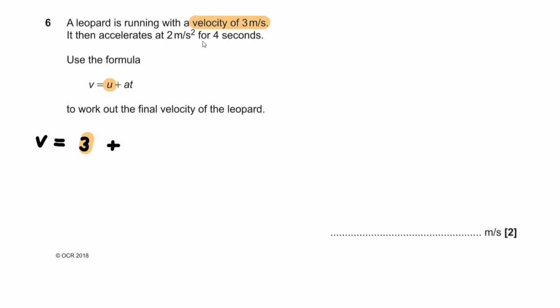Well, we know it accelerates 2 meters per second squared, so a is equal to 2, multiplied by t. So t is 4 seconds. So we multiply by 4. And if we work out what this is equal to, 3 plus 8 is 11. So we have 11 meters per second.